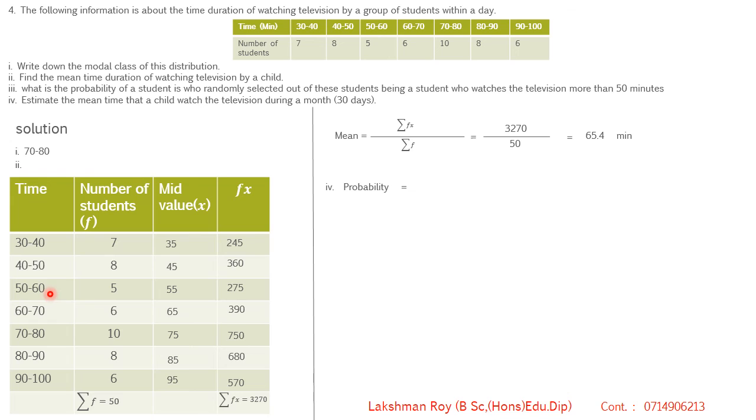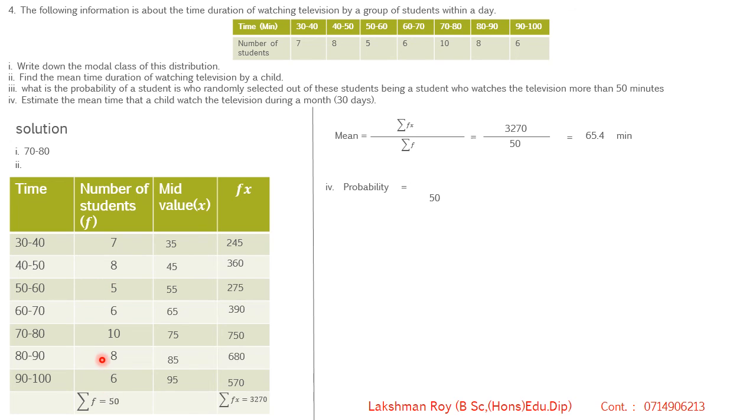In 50 to 60 there are 5 students, here another 6 students, this class interval 10 students, and also 8 students and 6. So you have to add those values. Those are the students who watch television more than 50 minutes.